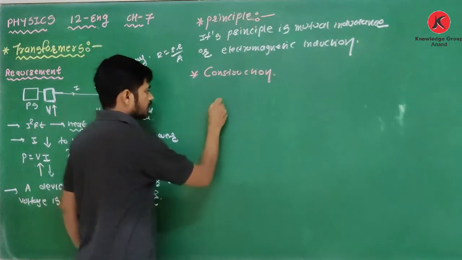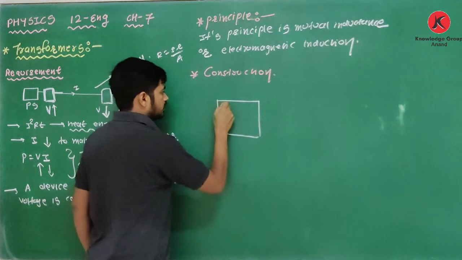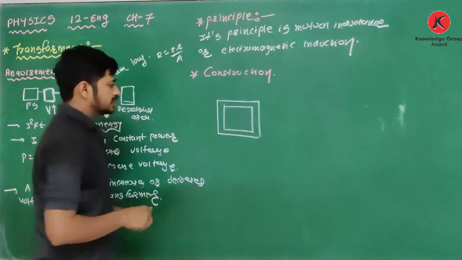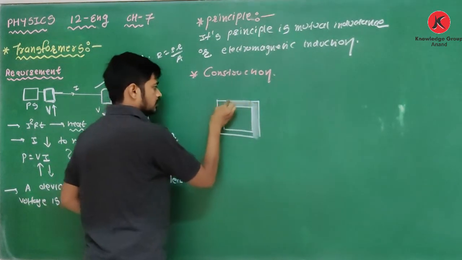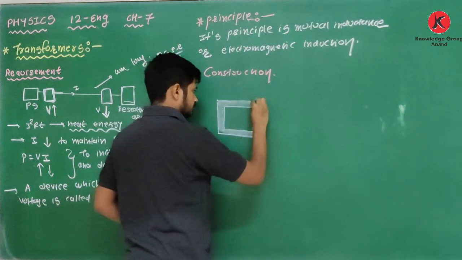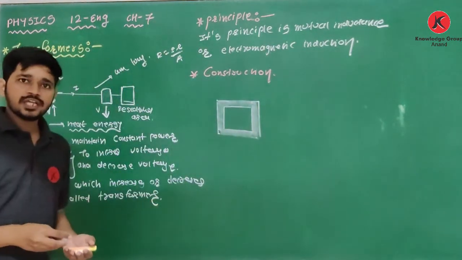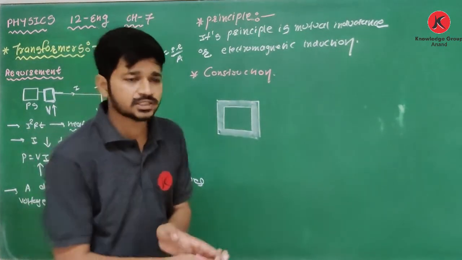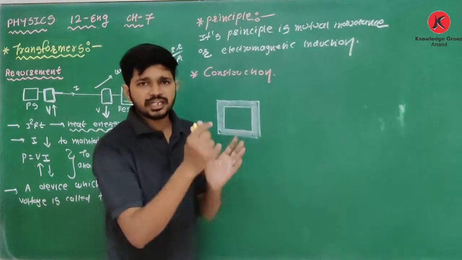First one: if we have one rectangular frame made up of soft iron, in terms of layers. Layers means one frame, insulating medium, another frame, insulating medium.